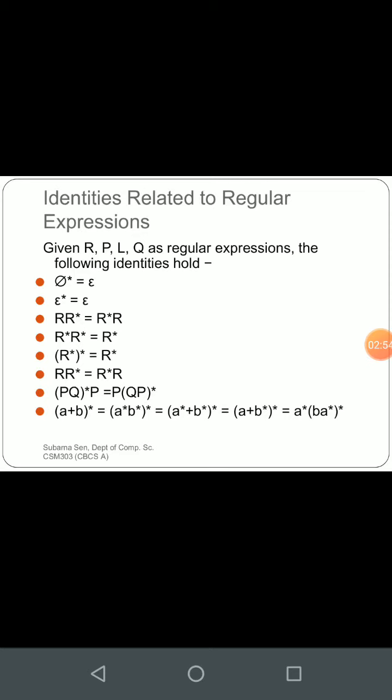If we write a*·a*, that means a* only. So r*·r* equals r*. Similarly for all the others, you can just look at them, and if you are unable to understand, please take any example and work it out.